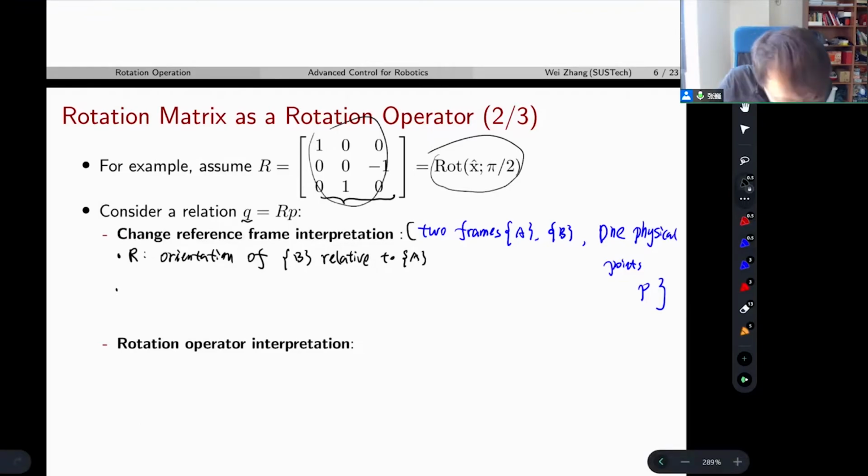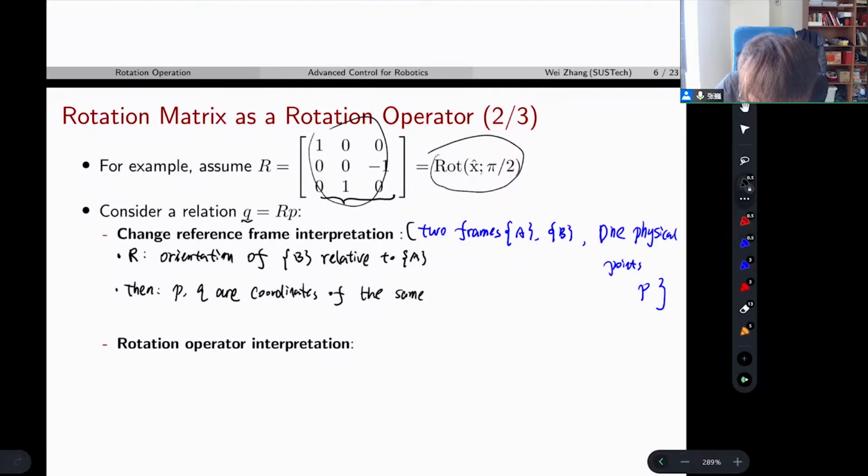More precisely, in this case, let's say P and Q are the coordinates of the same point.